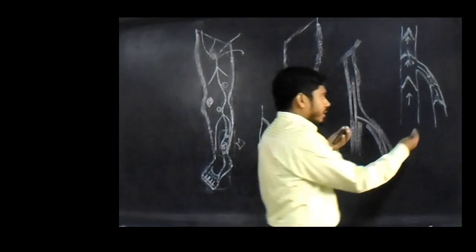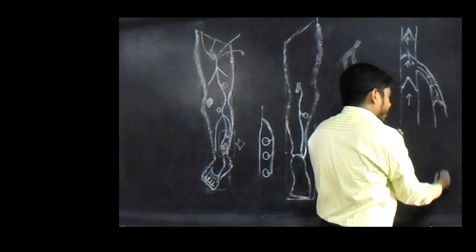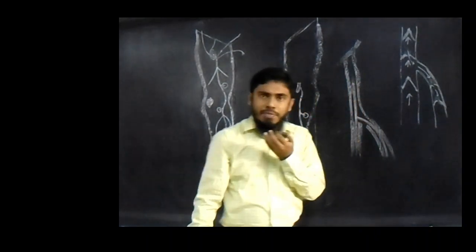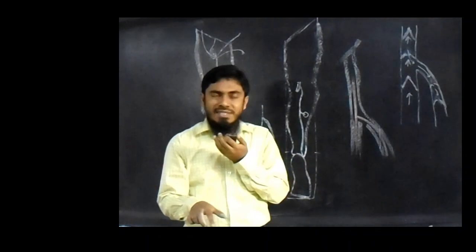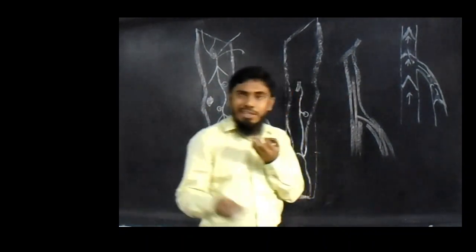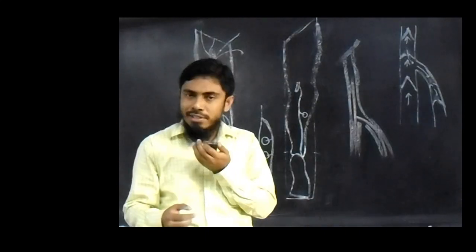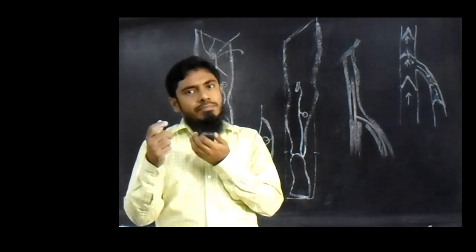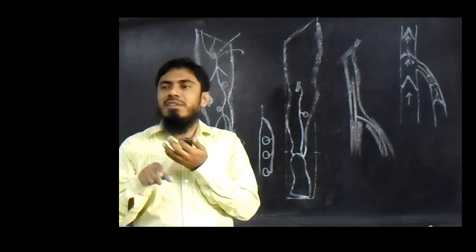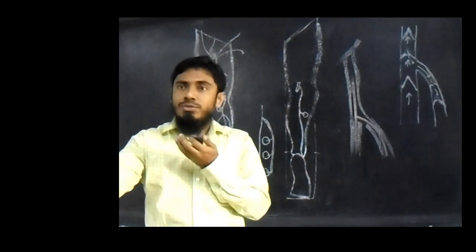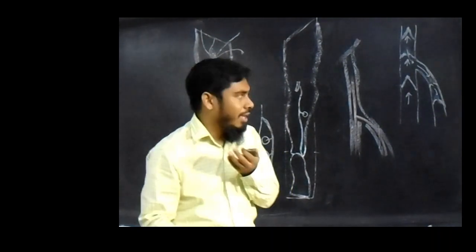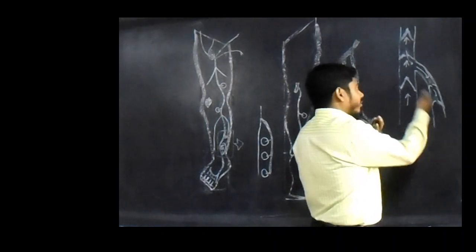Why? This vein is carrying blood from the capillary, isn't it? And in the capillary, the blood comes from the arterial circulation, isn't it? So when the heart pumps, it will push the blood up to the capillary through the arteries, and it will come back again through the veins.